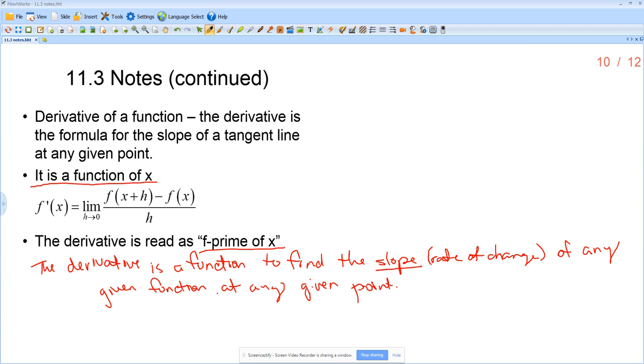So when I talk about the derivative function, it's a function that can be used to get the slopes. So instead of getting the y value on my graph, I'm getting the slope at that point.